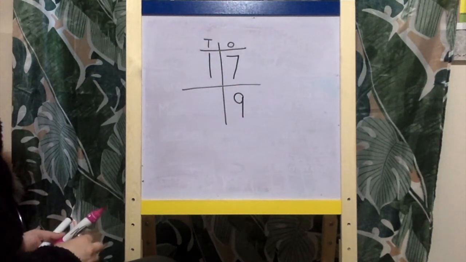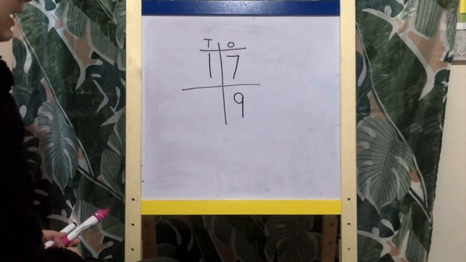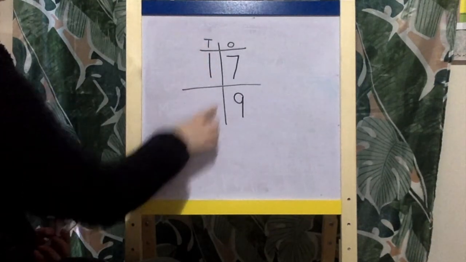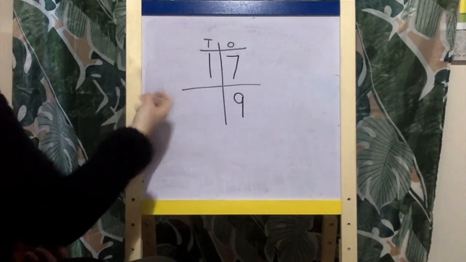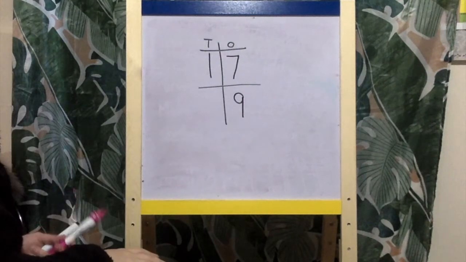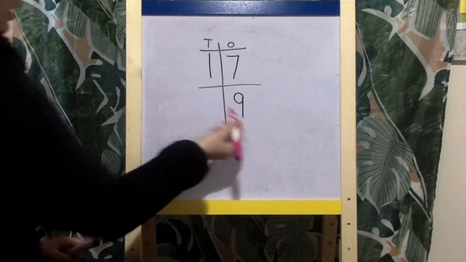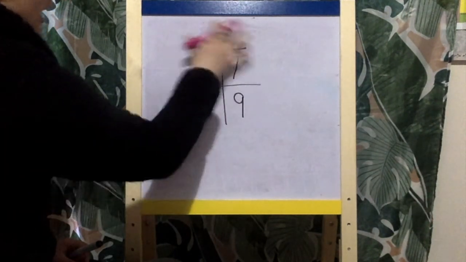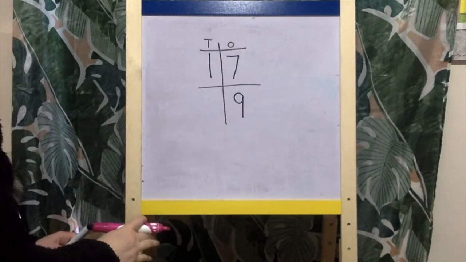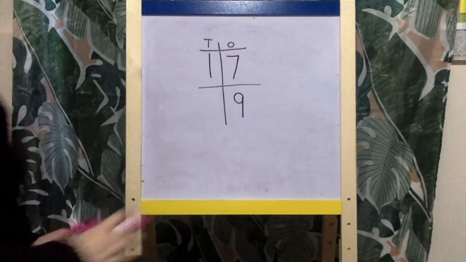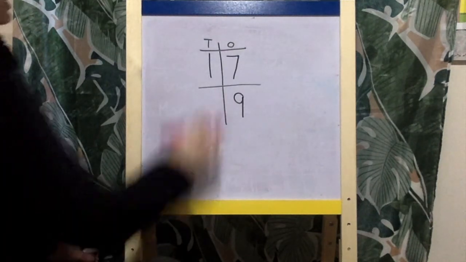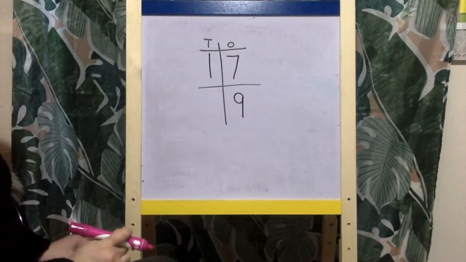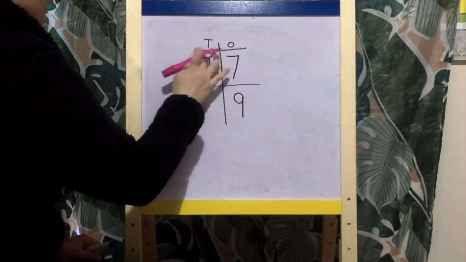The way we work out which number is bigger is we need to look at the biggest place value that we have. Now 17 has 2 digits, and one of those digits is in the tens.